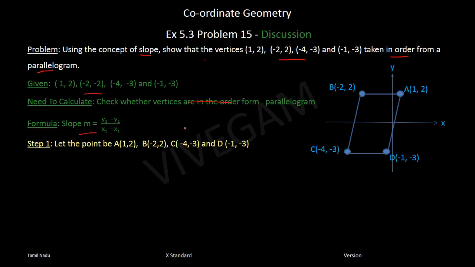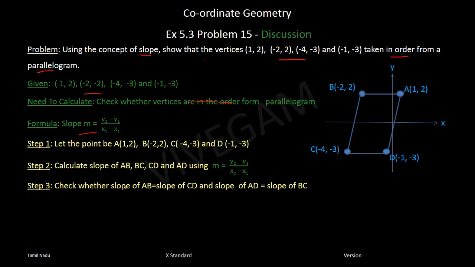What will be the first step? Let's name the points A, B, C and D. Then calculate the slope of AB, BC, CD and AD, all the 4 sides, using the 2-point form: y2 minus y1 divided by x2 minus x1. Then check whether the slopes of opposite sides are equal. The opposite sides are AB and CD, and then BC and AD.